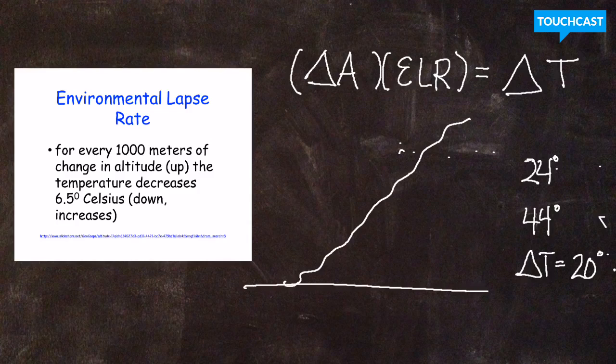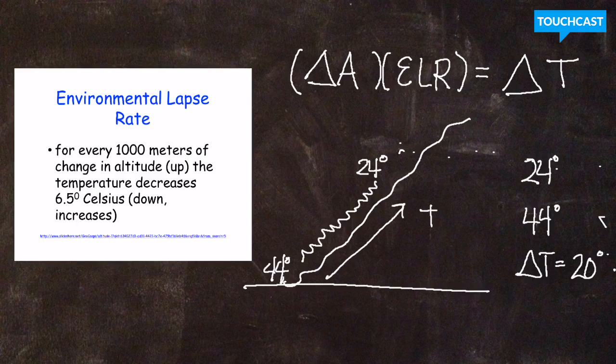So in our example, if we started at the bottom and it was 44 degrees and we hiked up the mountain, it could be 24 degrees. So as you go up, temperature goes down. So that's the change in temperature. Delta means change of.